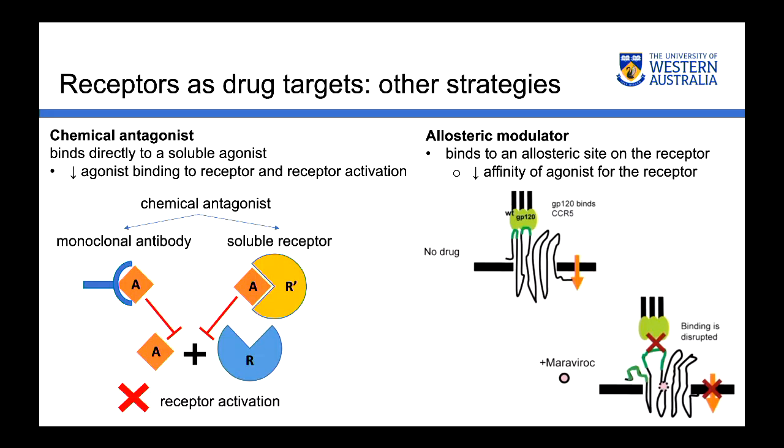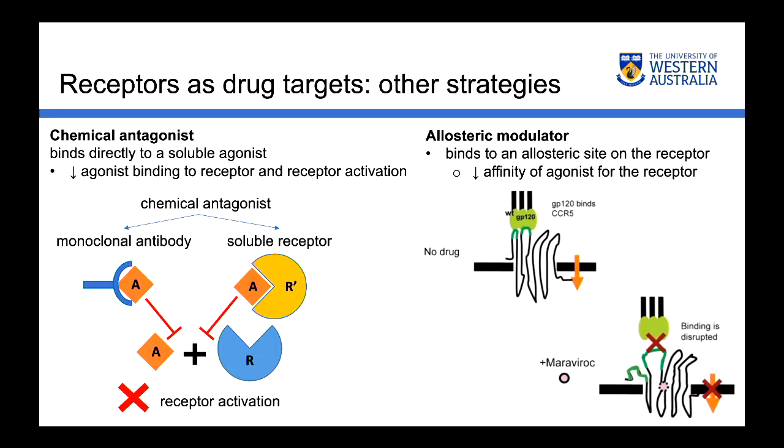So this antibody is against the endogenous ligand, which normally acts as an agonist. The other way is to use a soluble receptor, which mimics the endogenous receptor, except that this soluble receptor is unable to initiate the signaling pathway.